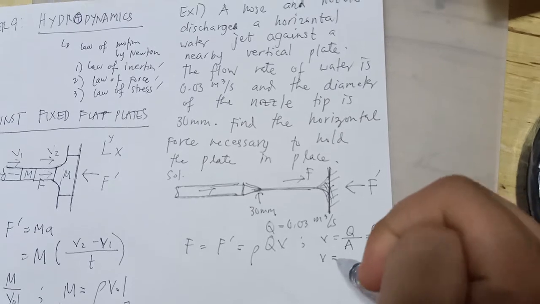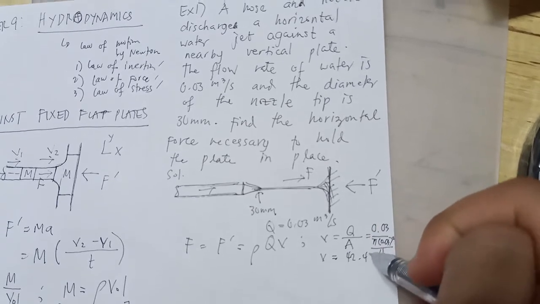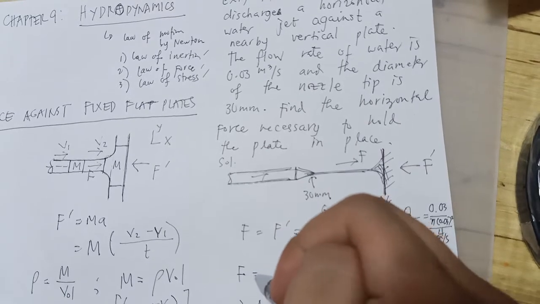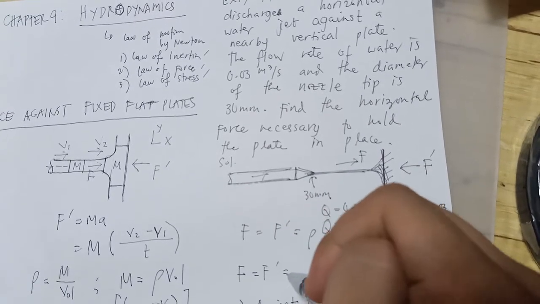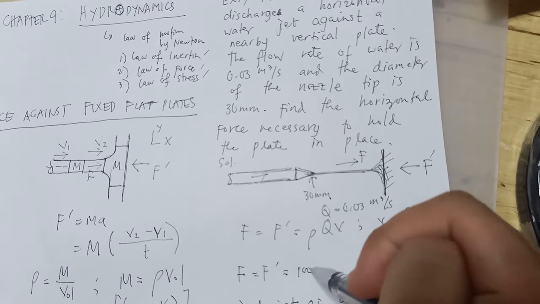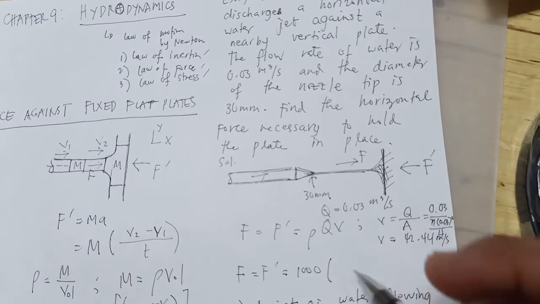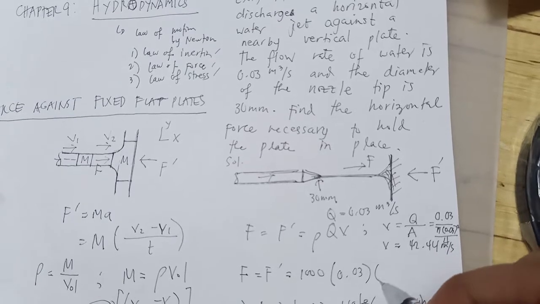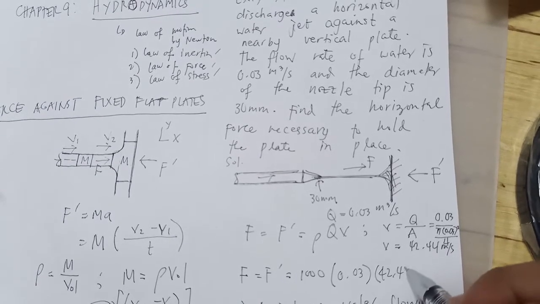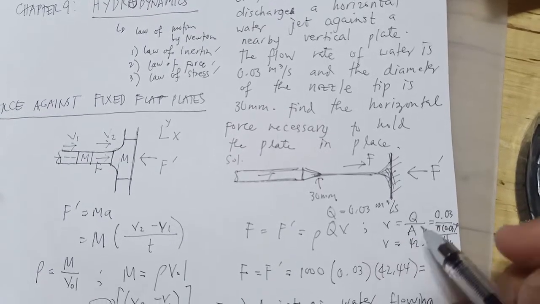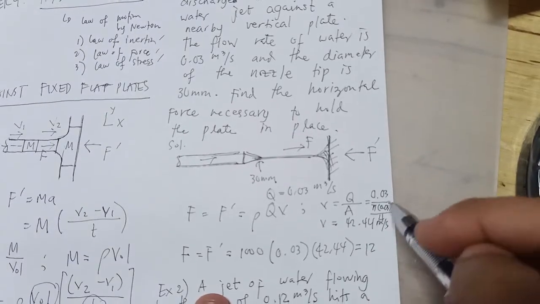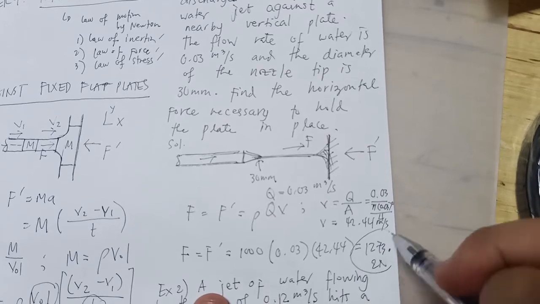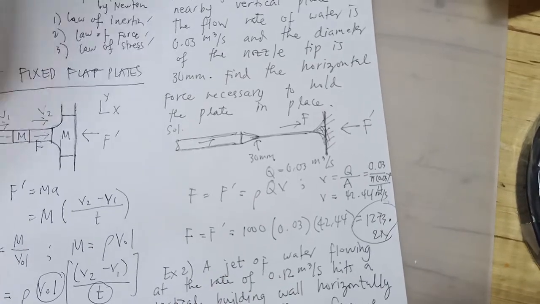So our velocity now is 42.44 meter per second. So therefore our F, or F prime, equals now to 1,000 kasi water ang mass density, diba, times discharge 0.03 times velocity 42.44. So the answer is 1273.2 Newton. So this is the answer for first example.